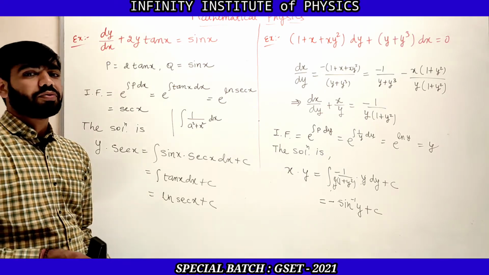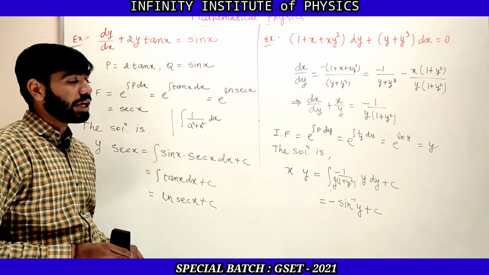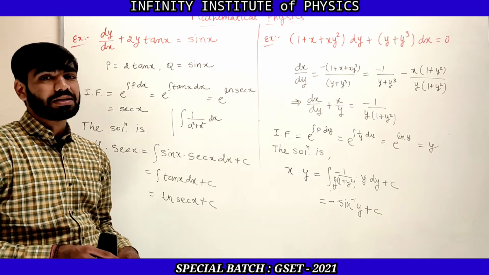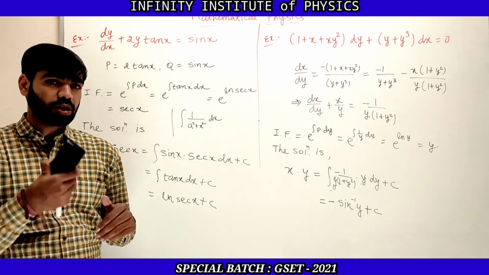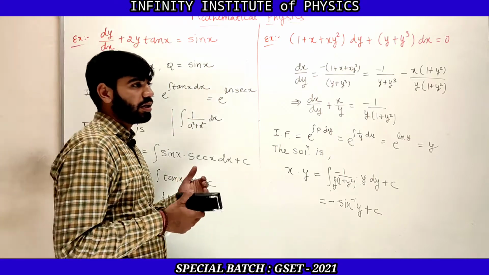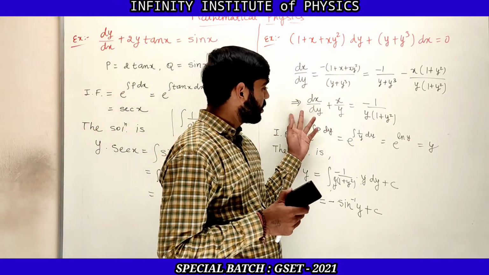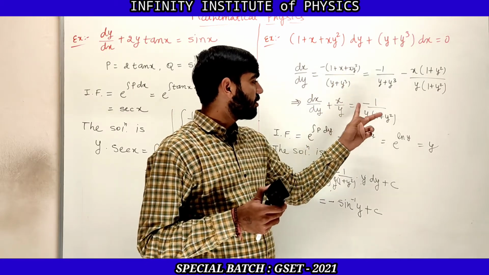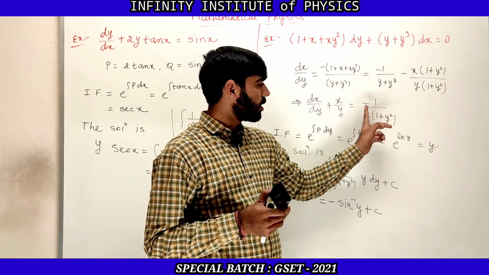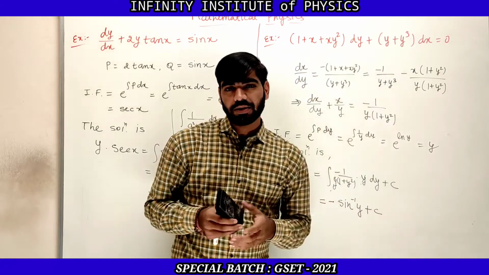So from a given equation, we can't say directly that it is linear in x or linear in y, but you need to convert that equation into the form of a linear one. Dx by dy plus x by y is equal to minus 1 upon y into 1 plus y square.